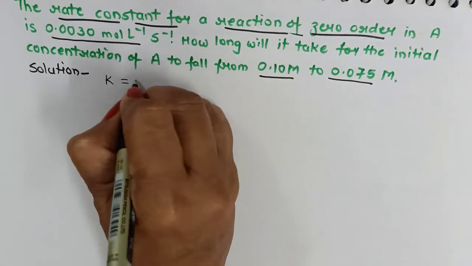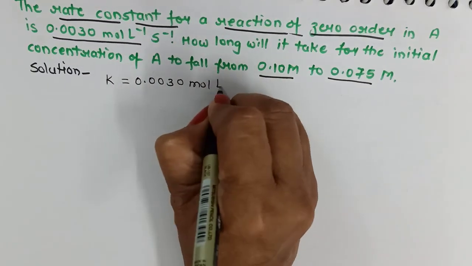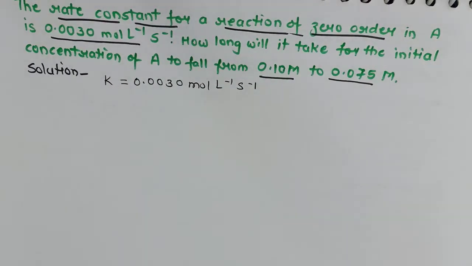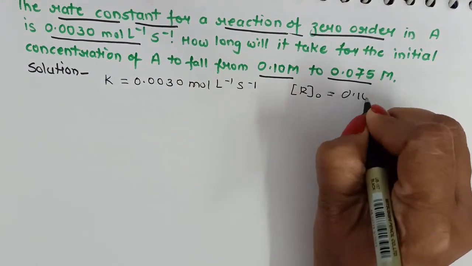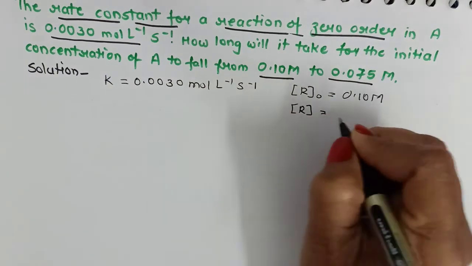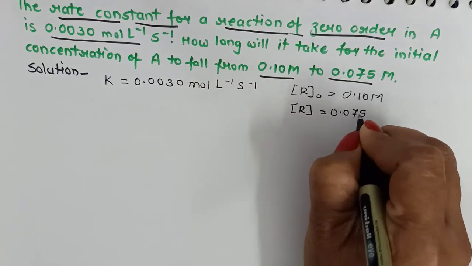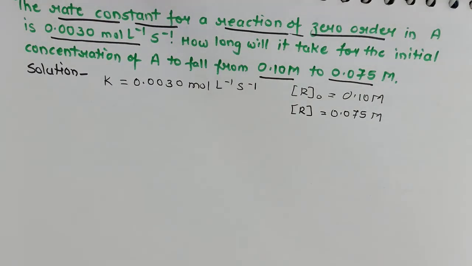Rate constant K is 0.0030 mole liter inverse second inverse. The initial concentration is 0.10 molar, and the final concentration is 0.075 molar. And we are supposed to calculate the time.